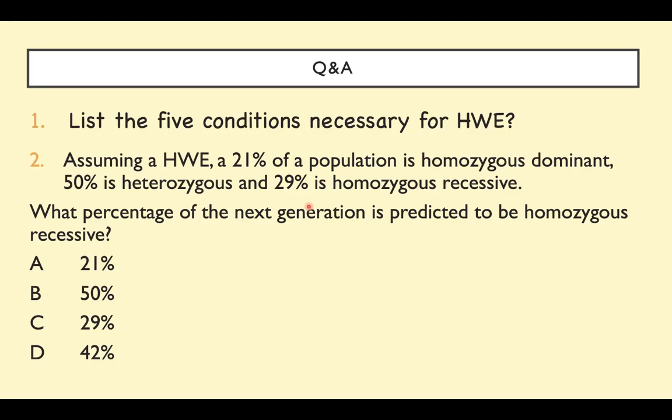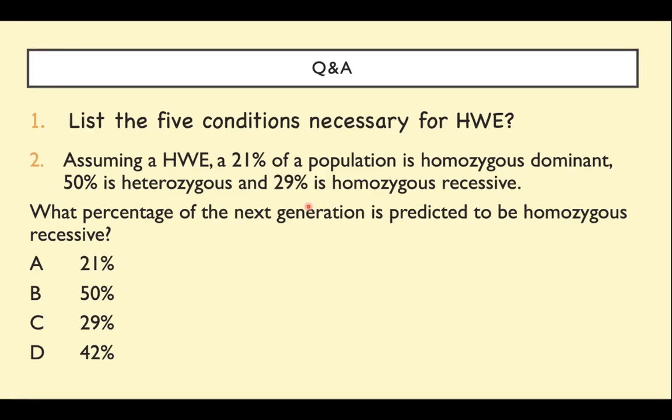Betul? No migration. Yeah. No mutation lagi. And then random mating. Random mating, betul. 3, lagi 2. And then no selection. No selection. Okay, bagus. Lagi 1, last one je. Last one is large population.